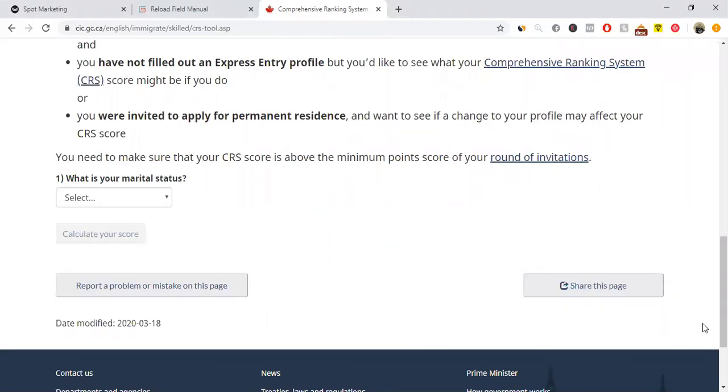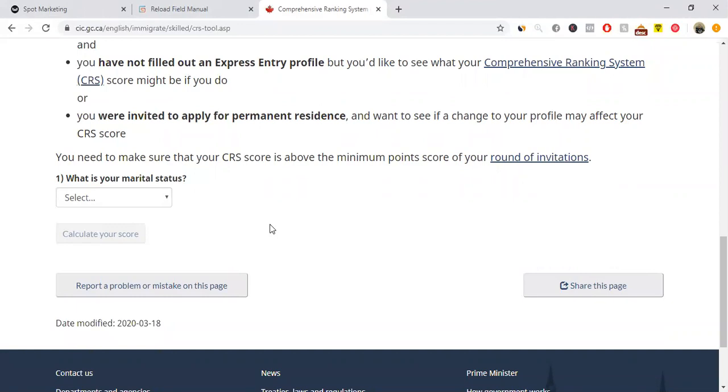So I'm going to show you how important your IELTS result is and why you should take it more serious. So we're going to take the case of a man who is married in filling this application. So he's married and taking his wife or husband along to relocate to Canada.